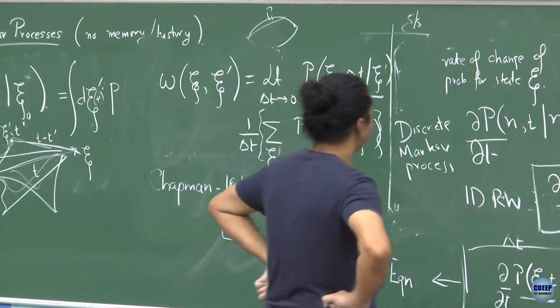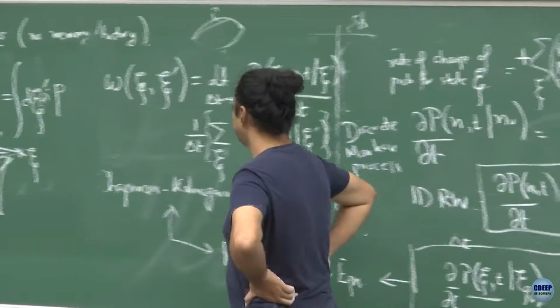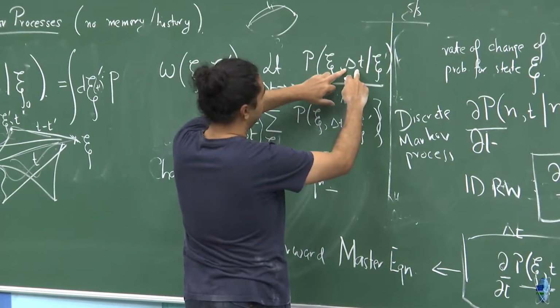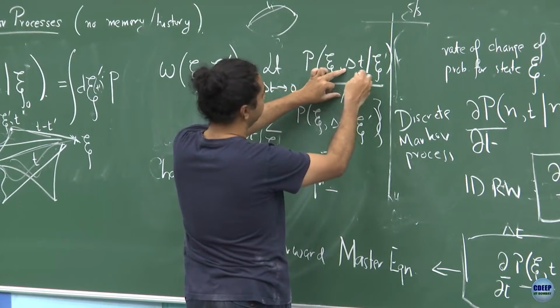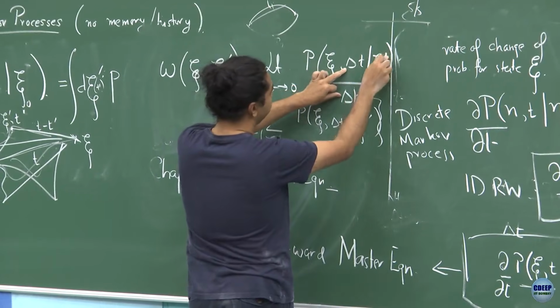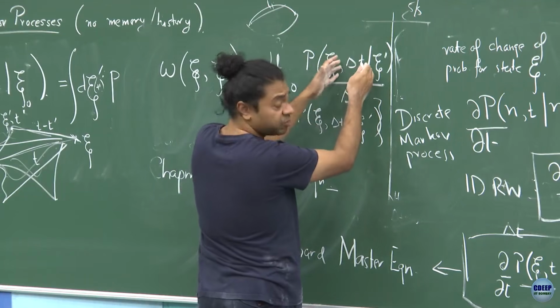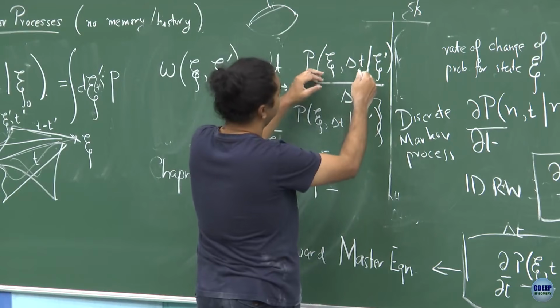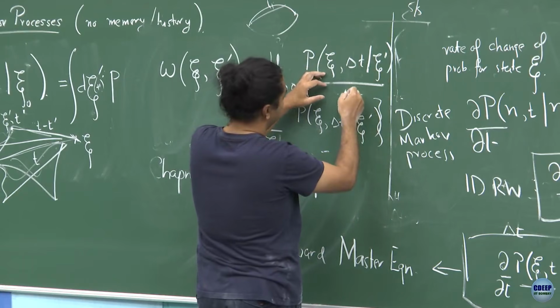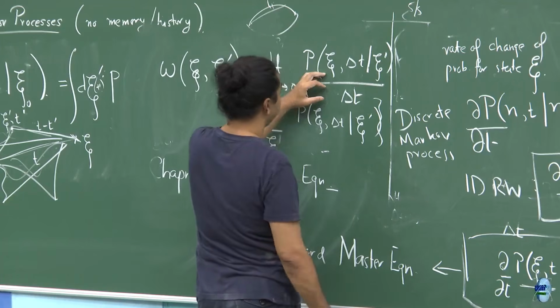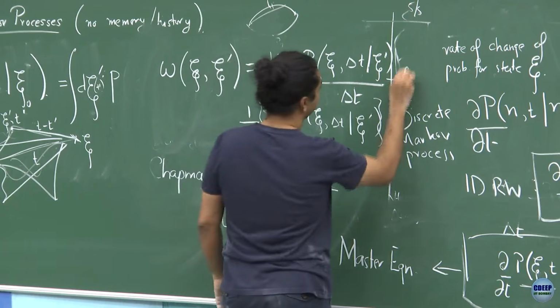No, because, see, the way you think about this is, again, a question of how you take the limit. So you were at some state xi prime, you are going to some state xi within some small window, that is some small probability. Then you divide it by this time delta t, and you take the limit properly such that this is some finite value.